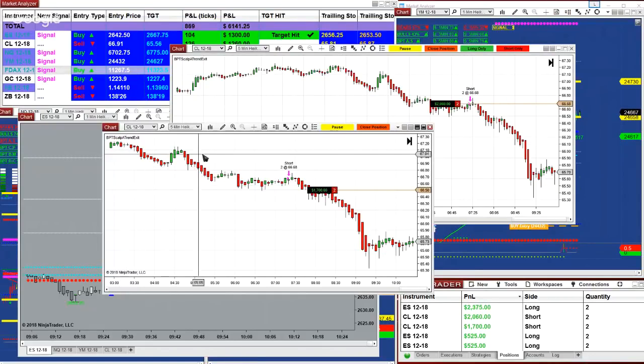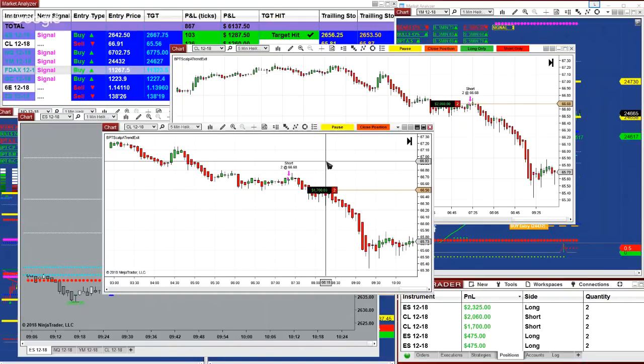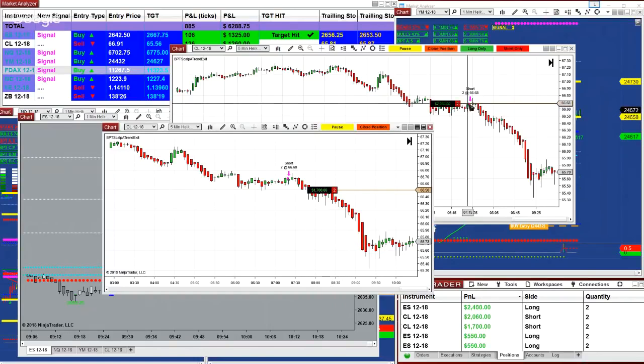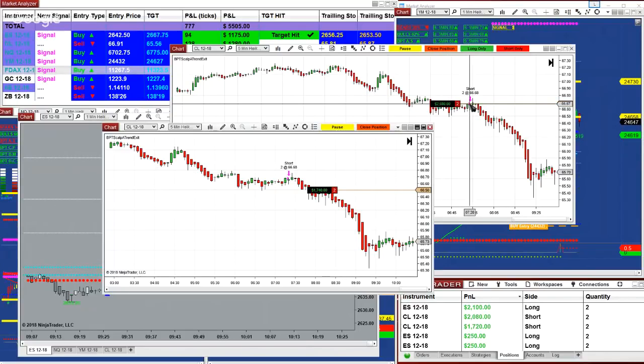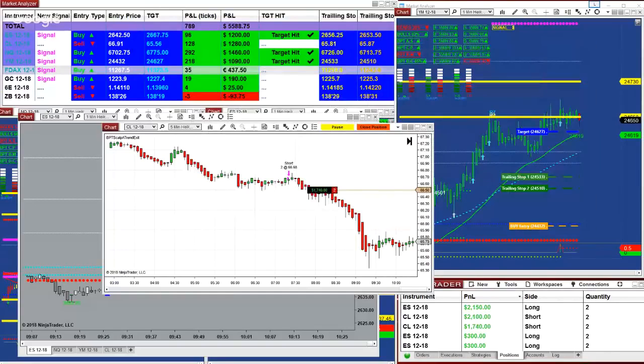Actually, they are the same, but one took the trade at 66.68, and this one 66.66. So this is the filtered one. It was a few seconds. The entry is at 66.66, and this one here is 68. So those are the two different ones on the filter, but that's how it is.